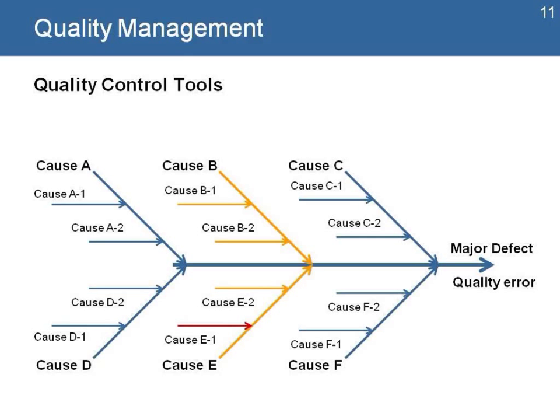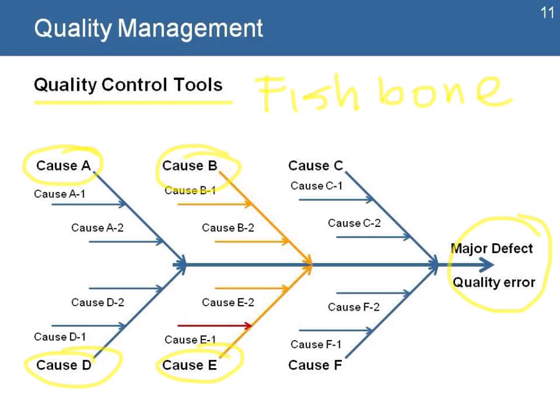There are a couple of quality control tools that we can use in project management. One of those is called the fishbone diagram because it looks like a fishbone. The idea is that for any major defect or quality error, the project starts trying to find the major causes of that problem.